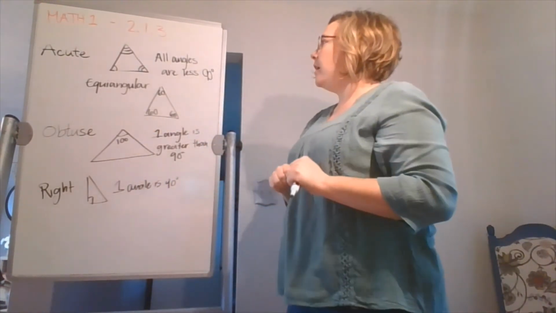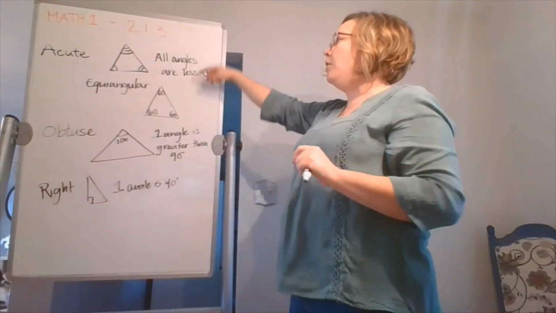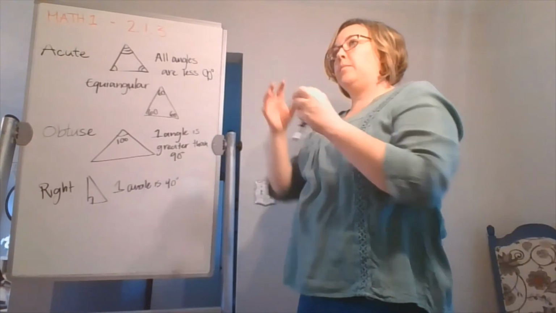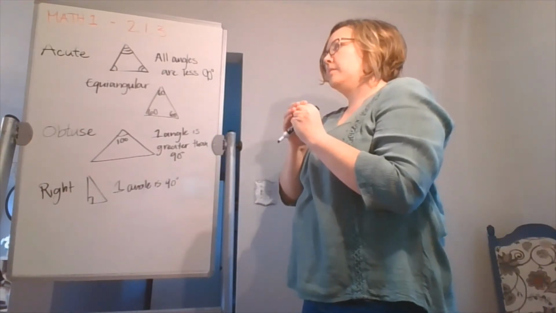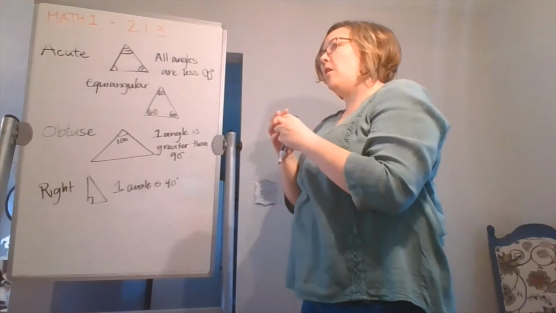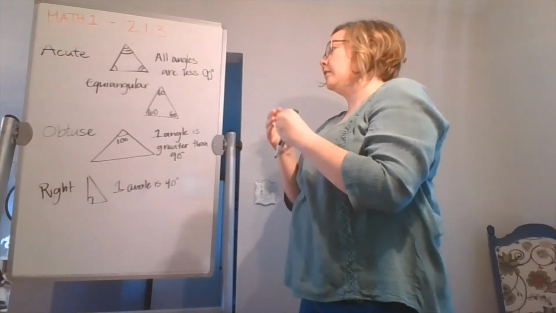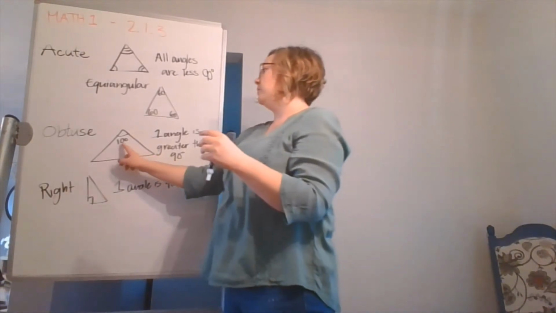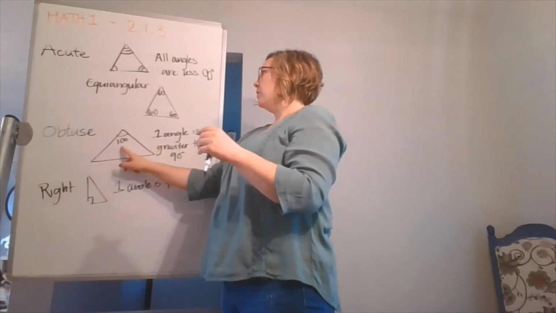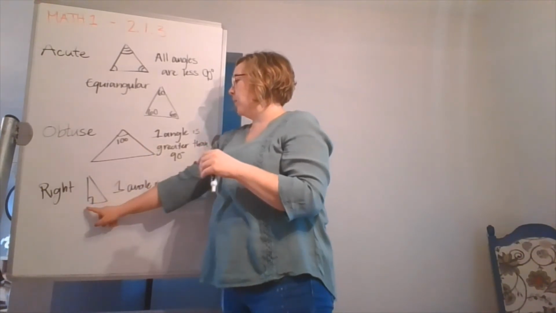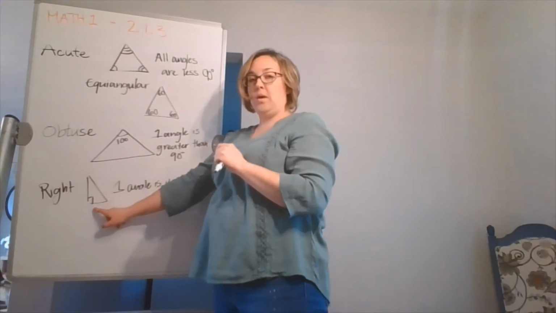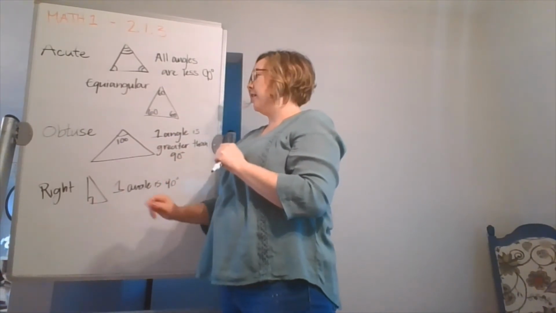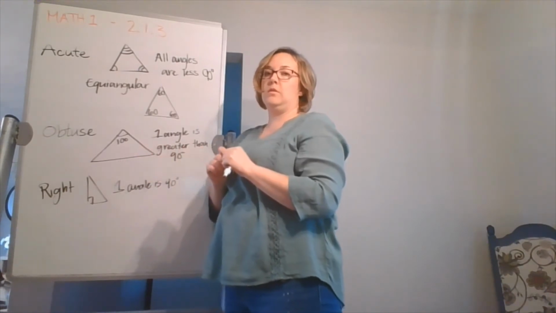In a triangle, you can have all three angles being acute. You could have two angles being acute and one obtuse. You could have two angles acute and one right, but you cannot have more than one right angle, and you cannot have more than one obtuse angle in a triangle.